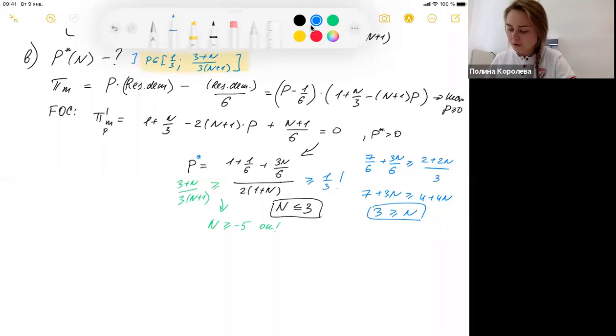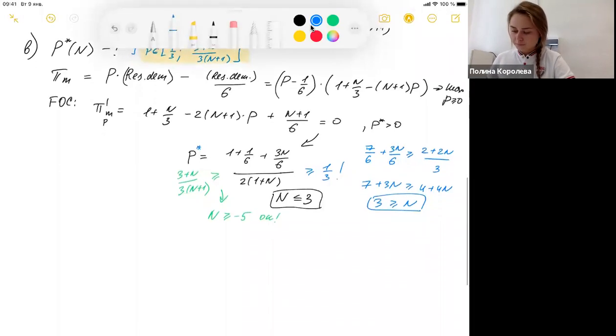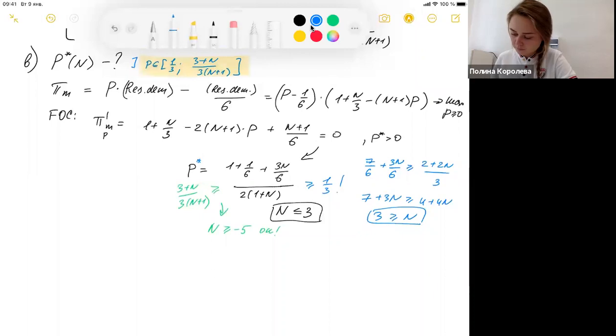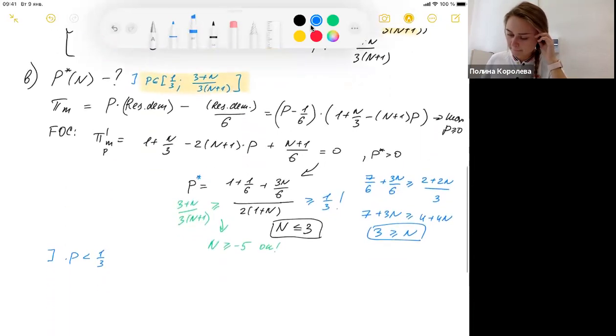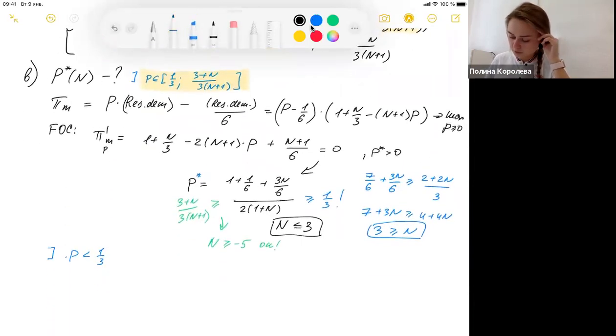Then what will we do, what if price is less than 1/3? We work with the other part of residual demand. The other part of the residual demand is 1 minus price. Yes. So let's count the profit of the monopolist.